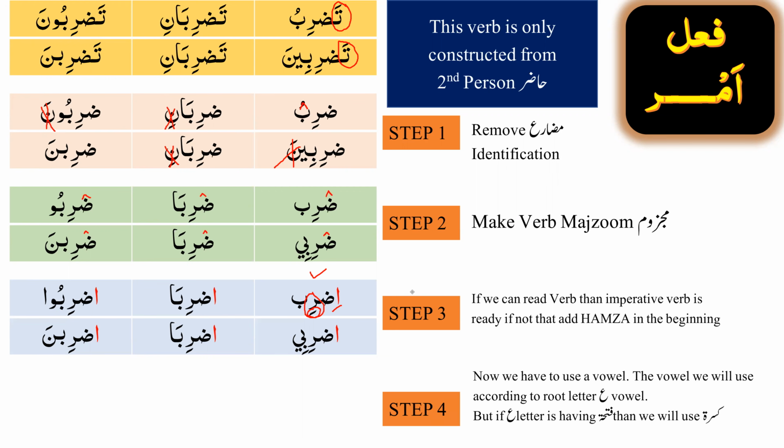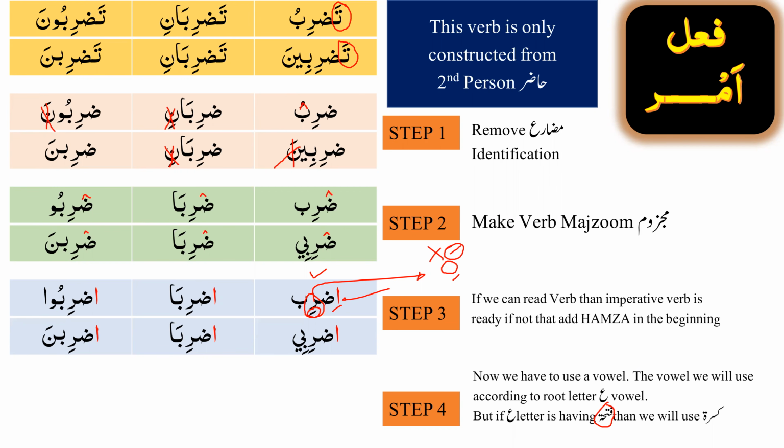Step 4. Now we have to use a vowel. The vowel we will use is according to the root letter ain's vowel. But if the ain letter has fatha, then we will use kasra. So we have one restriction: if ain has fatha, we will not use this fatha on our added Hamza, Hamzatul Wasl. We will use kasra instead of fatha.